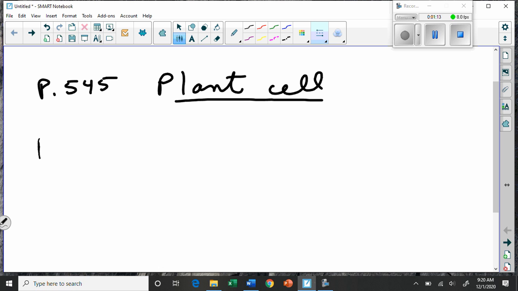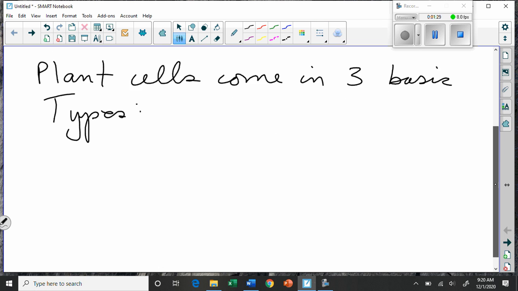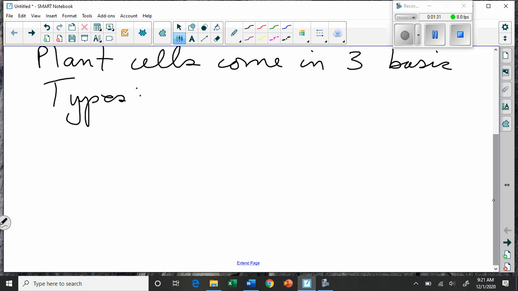Okay, now here's some of the new stuff. Plant cells come in three basic types. So we'll make a little list of what each type does. The first type is called the Parenchyma cells.